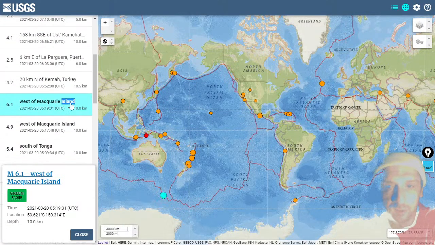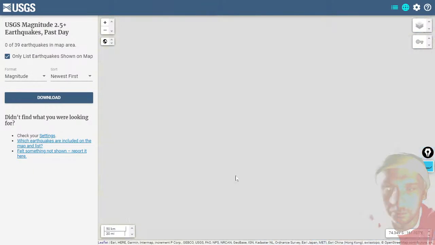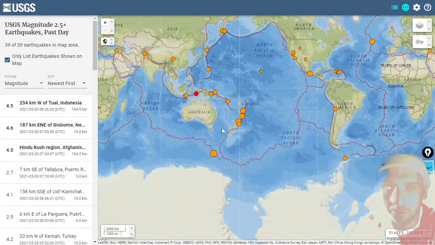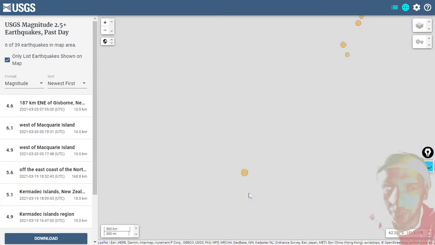And again, here's this 6.1, which occurred there between the South Indian plate boundary and the north portion of the Antarctic continent. And I just zoomed in roughly, and it made no sense right on the plate boundary there.